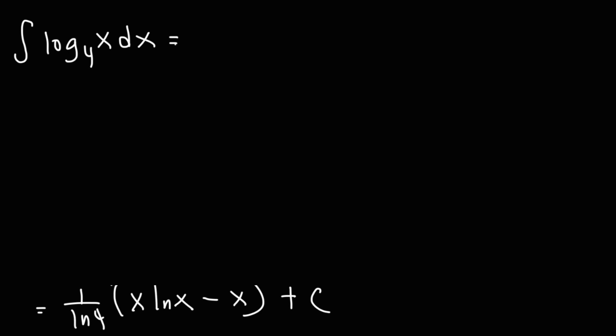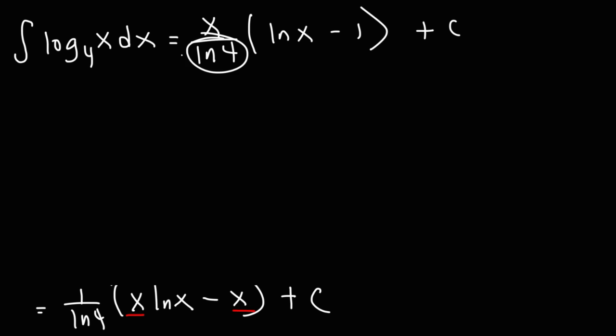Now at this point, what I'm going to do is factor out the x variable. So this is x over ln 4, and then we have ln x minus 1 plus c. And then I'm going to distribute the 1 over ln 4 to ln x minus 1.